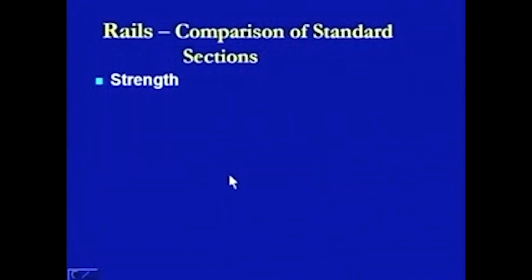Now, if we have to make a comparison of the different types of rail sections available to us, that comparison can be made on the basis of different factors, like strength. Strength means we have to look at the load taking capacity of that section, whether it is in a position to take a large amount of load.